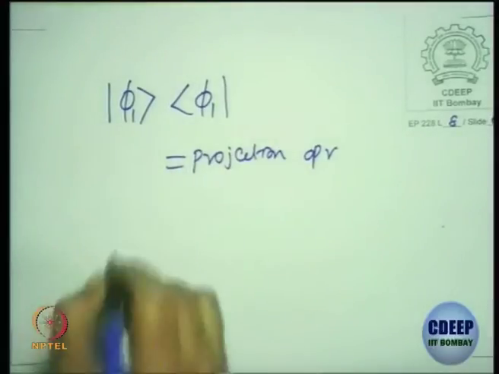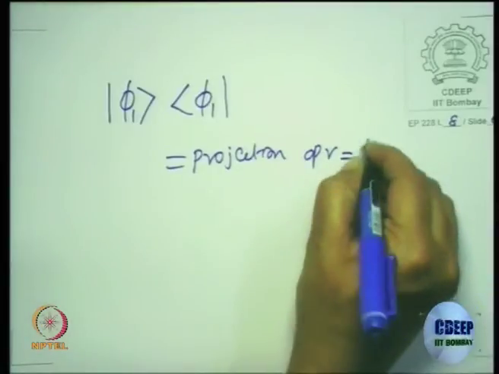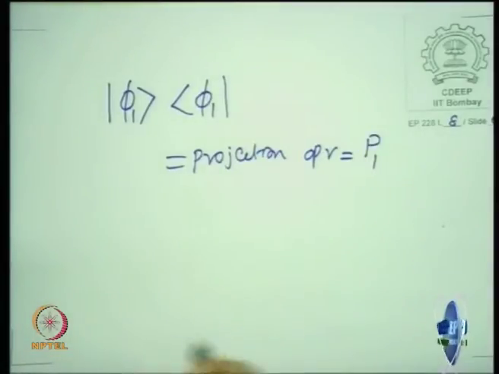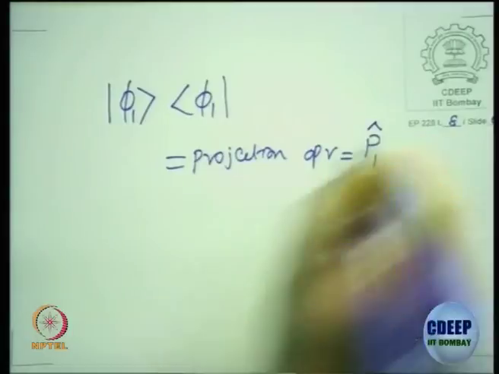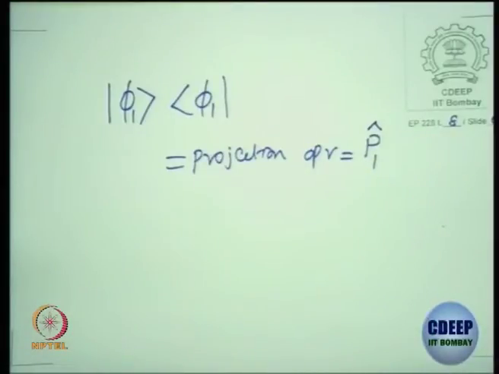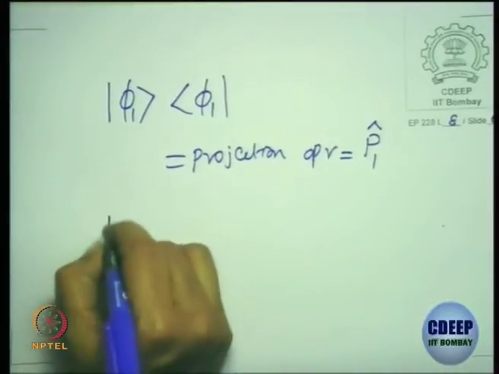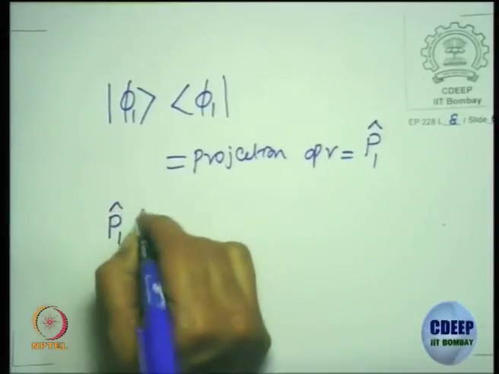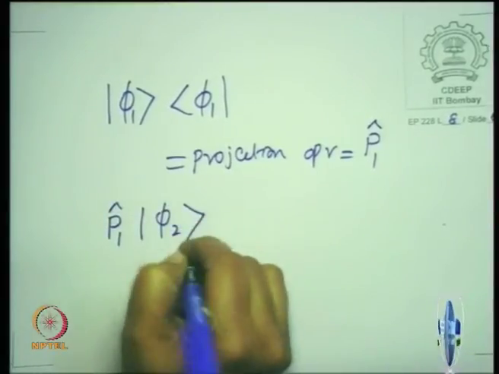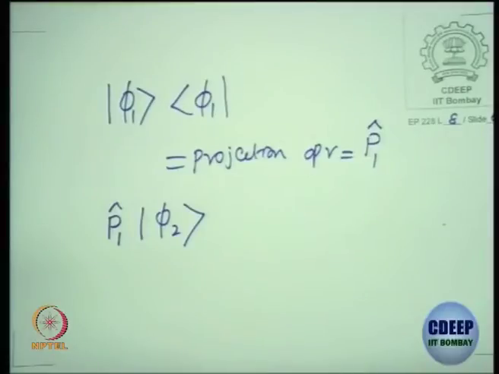Let me call this P1 and put these operators with the hat. This is the convention which we follow. Don't confuse this with momentum. It's some projection operator. P1 hat, suppose I do it on phi 2. What is this? 0 or non-zero? 0.